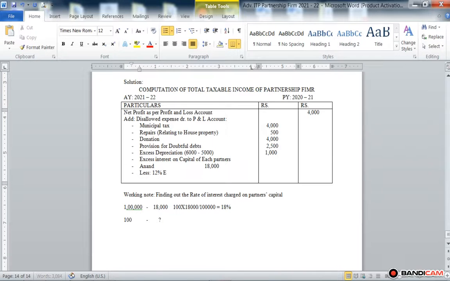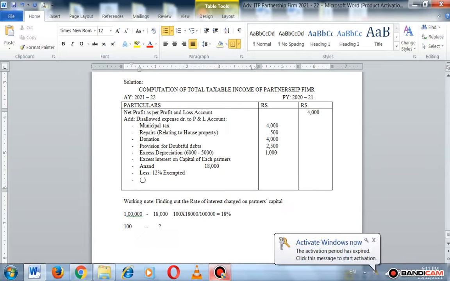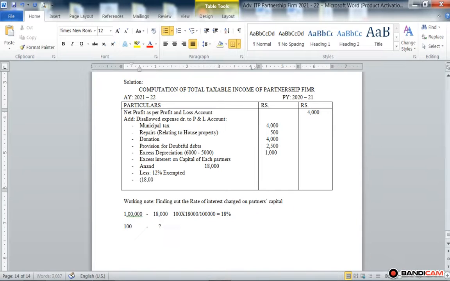12% exempted. So 12%, how do we compute? That is 18,000 multiplied by 12 divided by 18, not 15, 18.